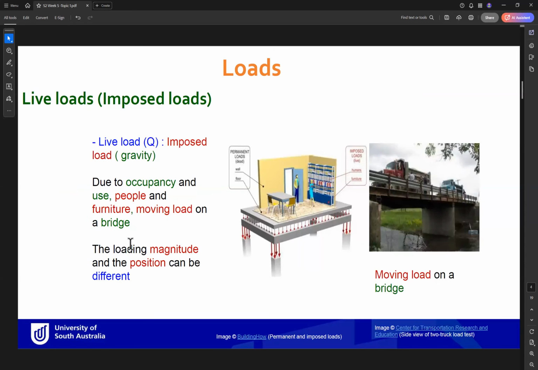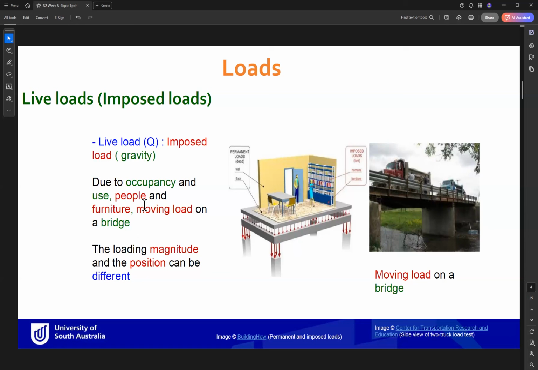The second type of gravitational load is the live loads, or imposed loads. Live loads, because they don't stay on the structure all the time. So it can be there and sometimes cannot be there. The direction of this load is also the gravity direction, so it is vertical load as well.